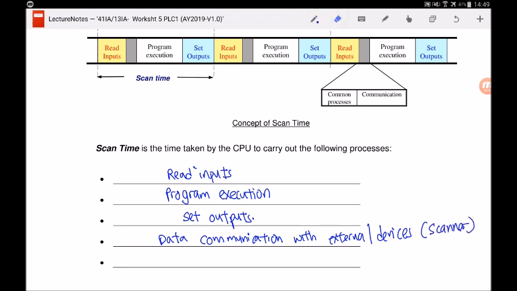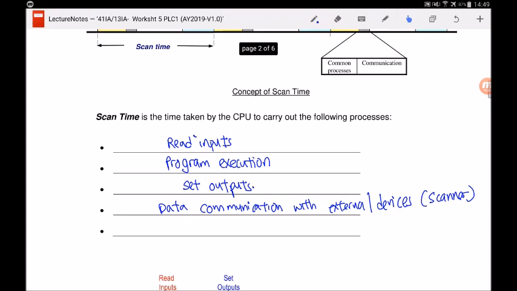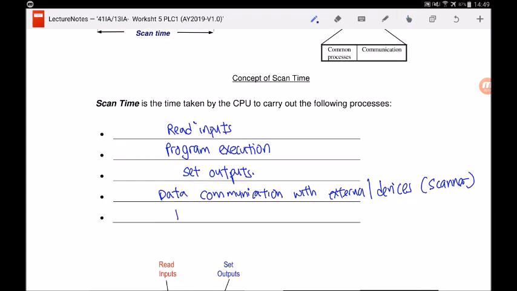And finally, it's also being used for common processes. What type of common processes does it do? It will do housekeeping of internal bits. Some students may ask, what do I mean by internal bits?